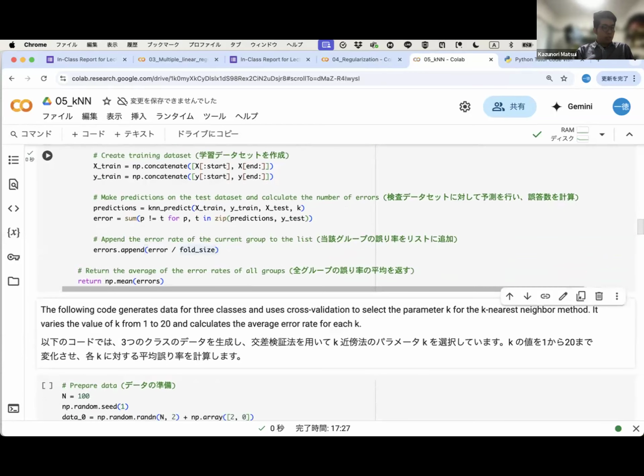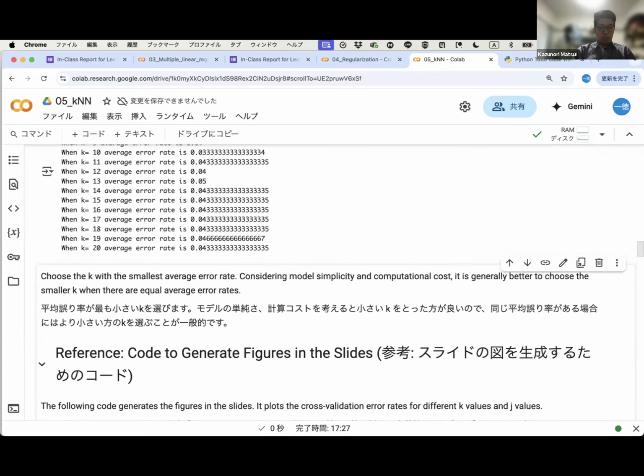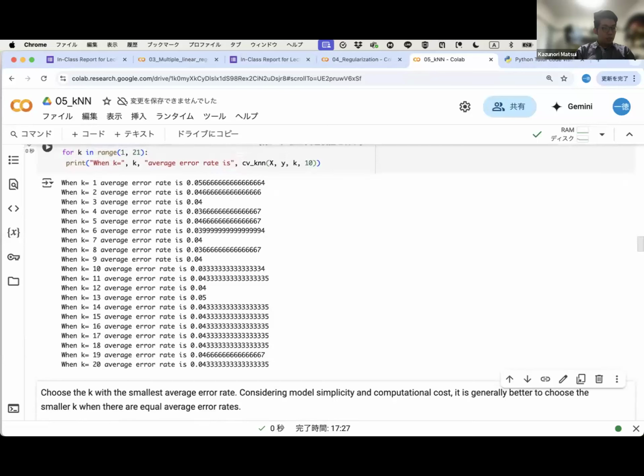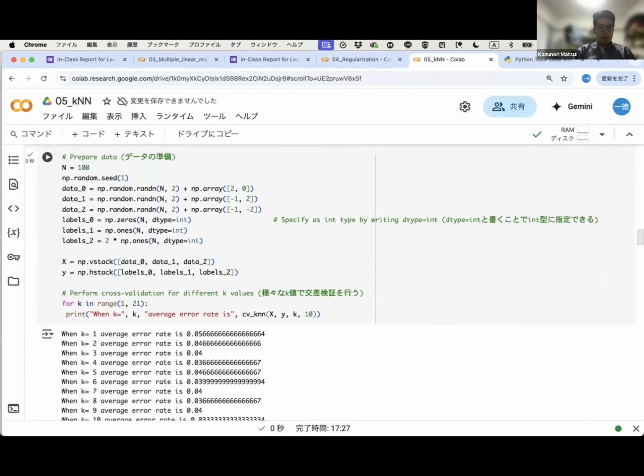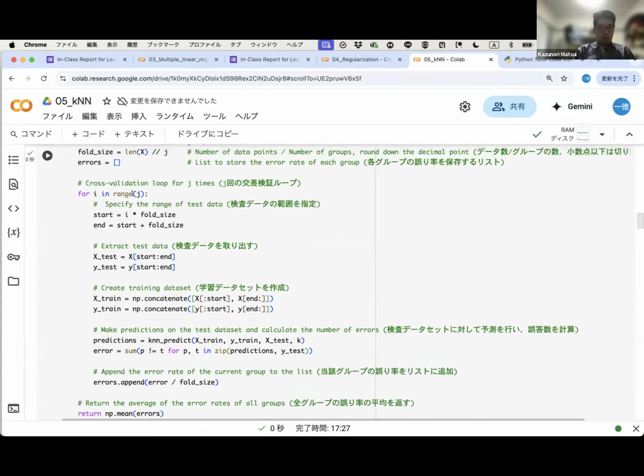We store the error rates for each group in the errors list. We perform the cross validation loop j times, using start and end to define the range of the test data, extract the test data, and create the training data.